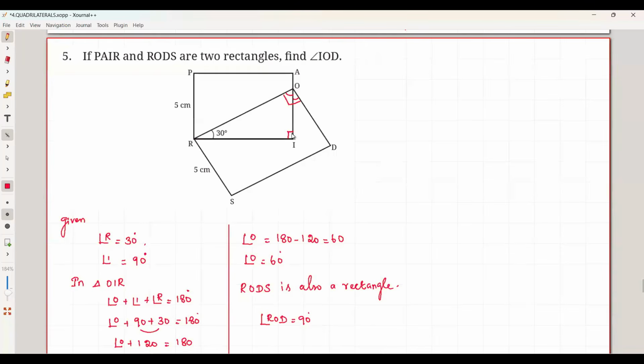We have to find out only IOD. Angle IOD is equal to 90 minus this angle we found out, that is 60 degrees. 90 minus 60 is 30 degrees. So therefore I can write angle IOD is equal to 30 degrees.